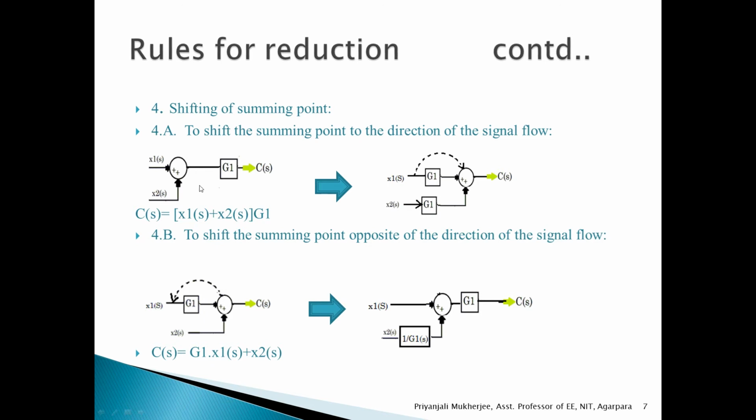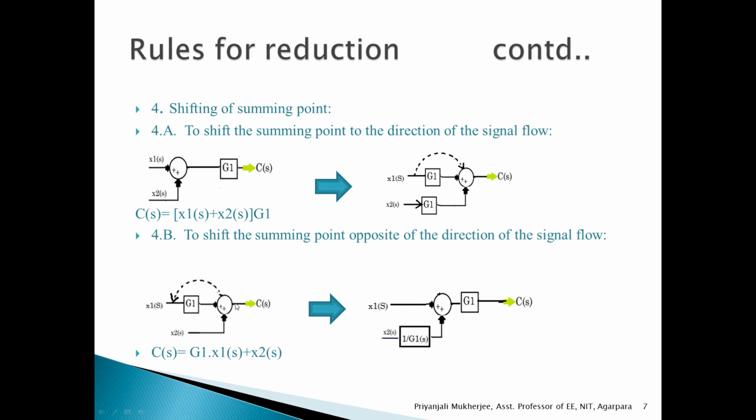And the next point is to shift the summing point opposite to the direction of the signal flow. So first it is located here, and next we have to shift the summing point to before this block, that is the opposite direction of signal flow. So in this case C(s) is actually G1 into X1(s) plus X2(s), because X1(s) is connecting to G1.